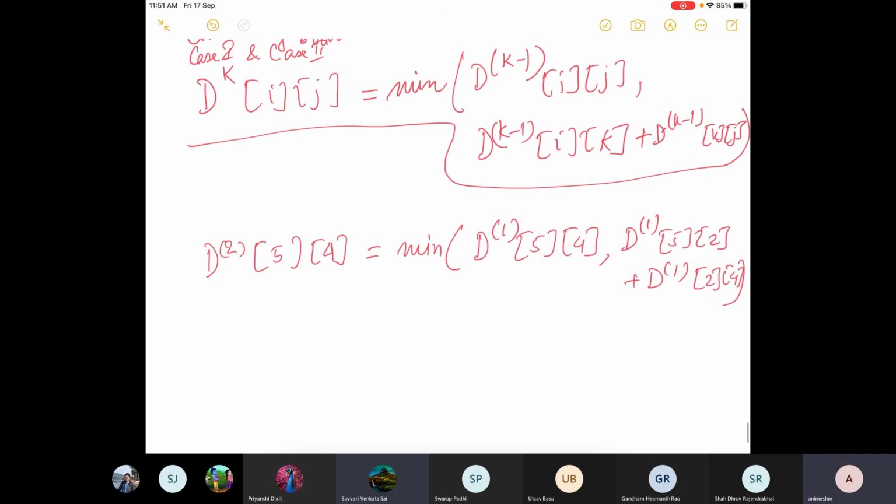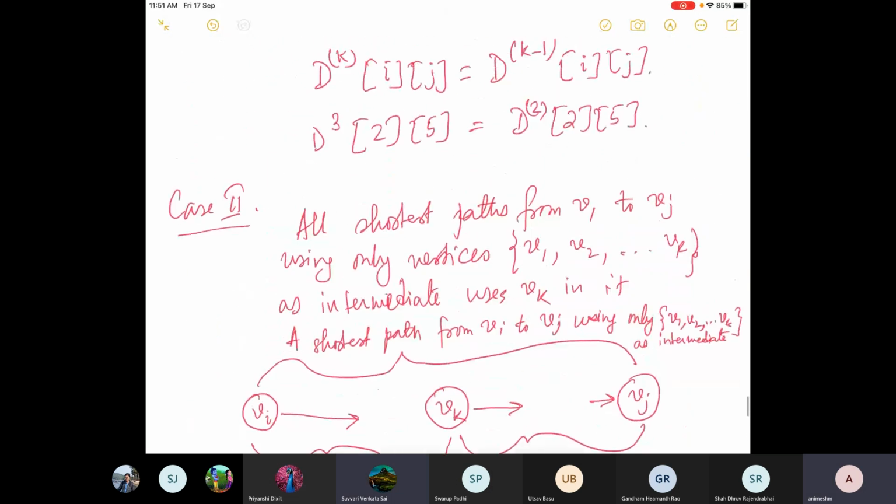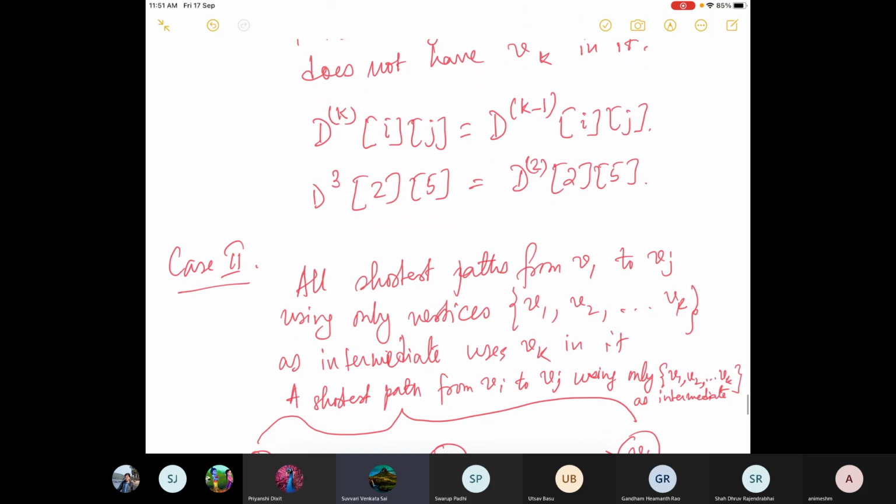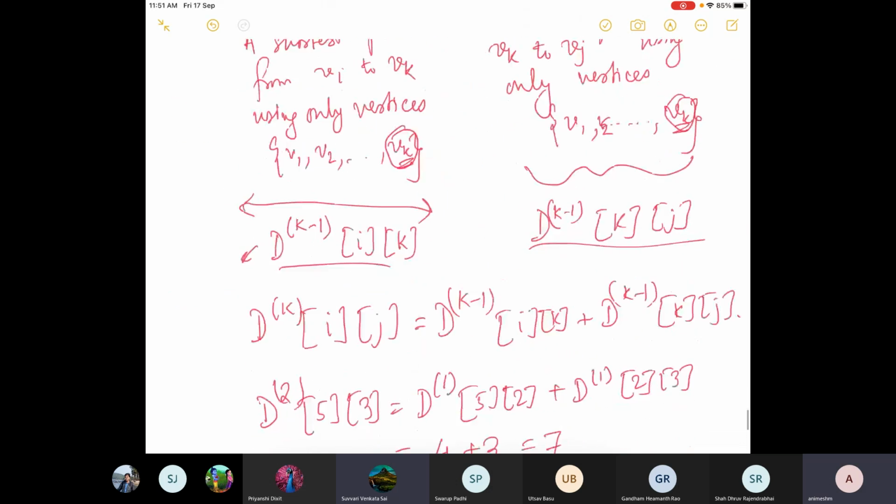Of course, there is at least one path that does not use Vk.